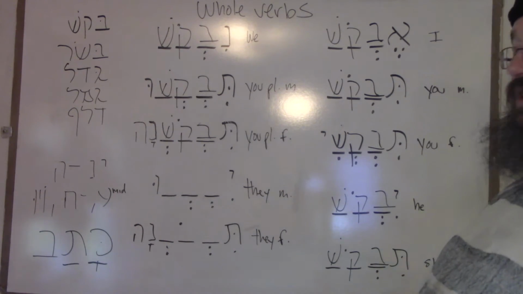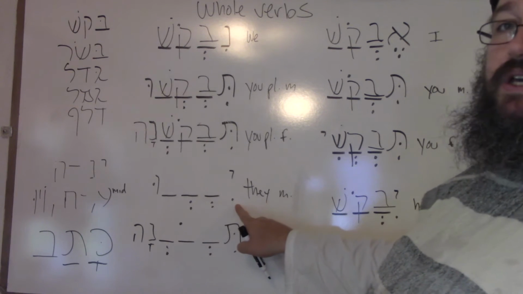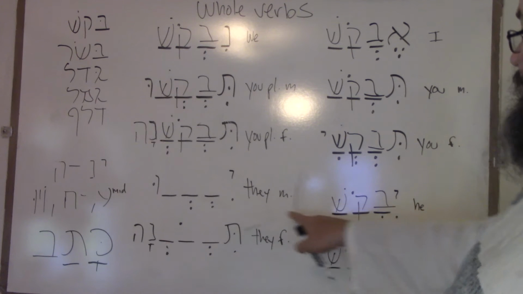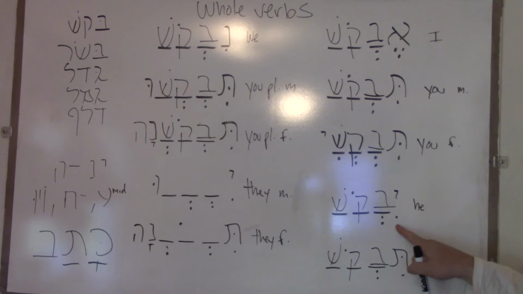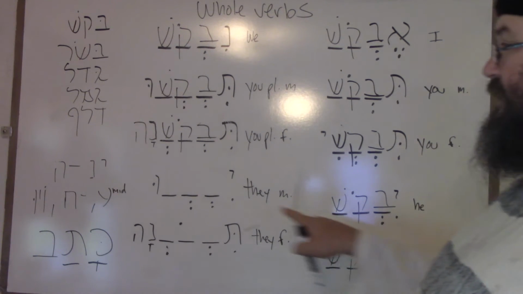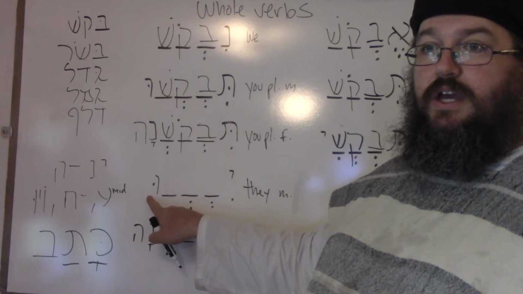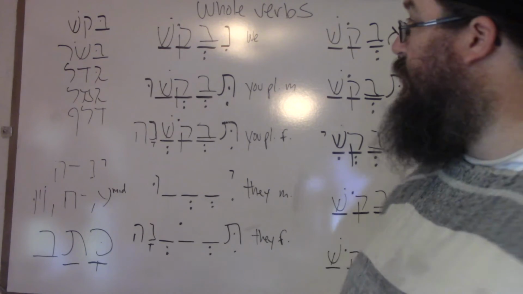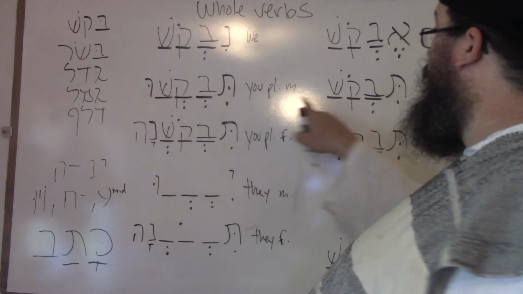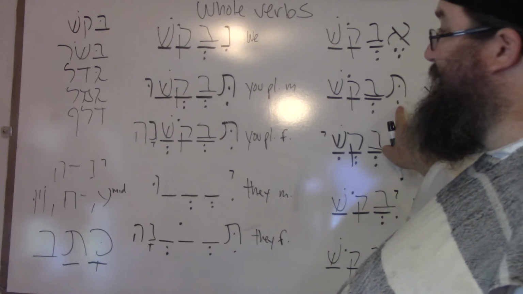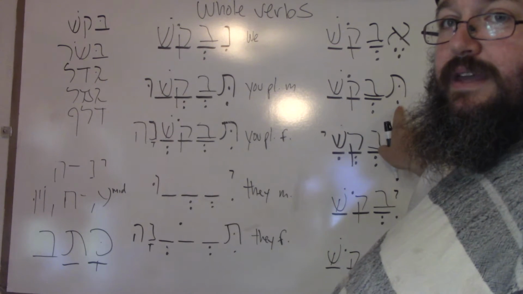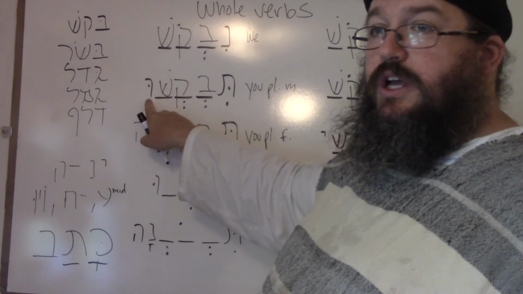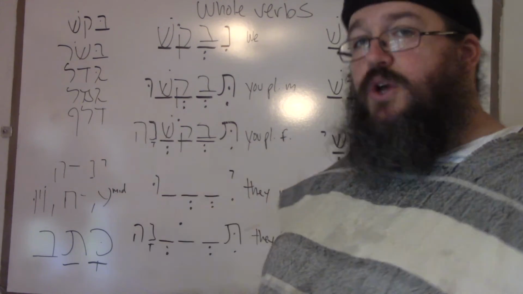Now we go back over here to the masculine plural form. Notice the masculine is identical to the masculine singular. The only difference is we have the u. Okay? So when I see the u, once again, I know this is plural. Why? Because the form here is identical to the form in the singular, and the only differentiation is the u. So when I see the u at the end, I know this is plural.